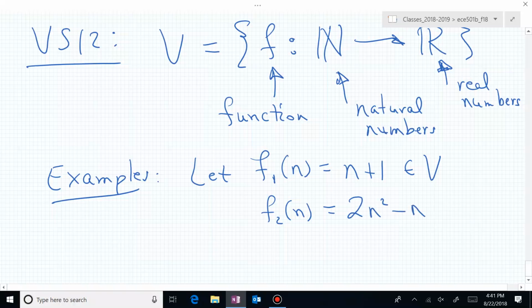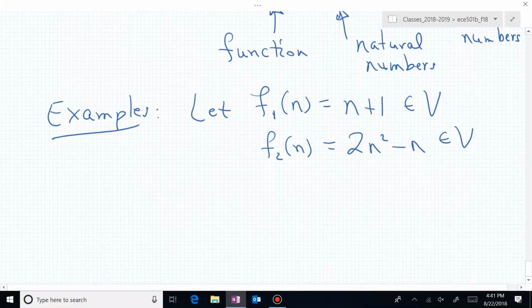Is that a member of this vector space, or a vector in our vector space? Sure. We're only saying the arguments are n, so we can evaluate this on any natural number. So that's what happens if we were to add those two. Will the sum of f1 and f2 be in V? We said it's a vector space, so it has to be by that definition.